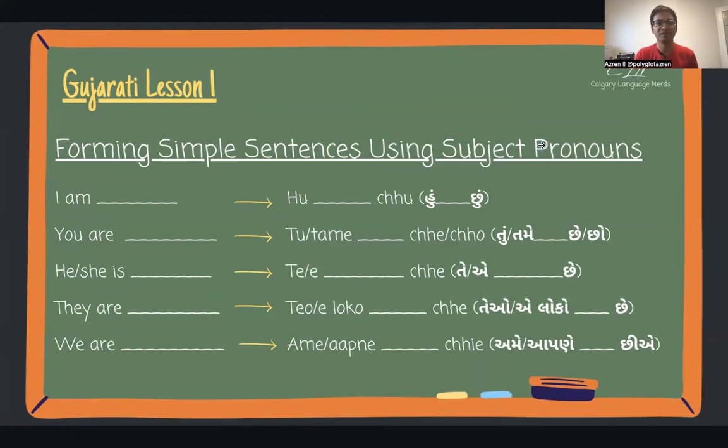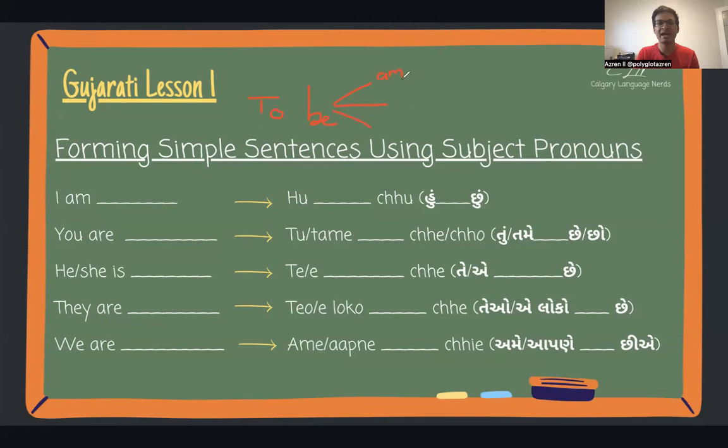So if you want to use the word am, as in I am, it's essentially the verb to be. If you like English grammar, we have a verb in English, which is to be, and to be has various different forms, right?